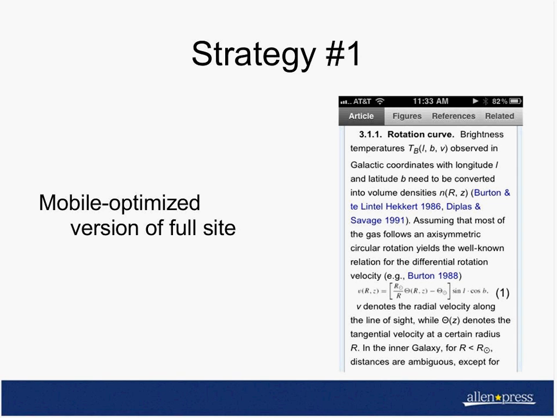Strategy 1 is a mobile optimized version of the full site. You are recreating the entire website on a mobile platform. What you'll see is there are GUI user interface changes that need to be made. The screen is smaller. It's optimized for smaller screens.